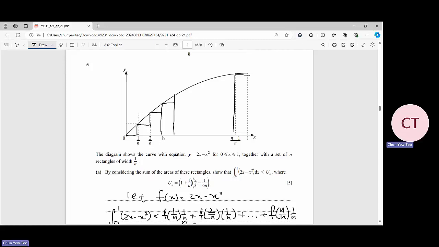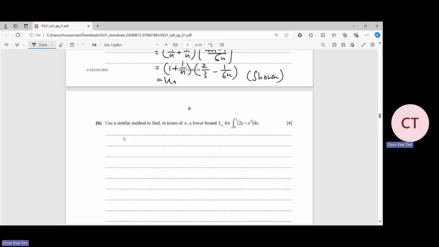So this is 3 over n, this one is 4 over n, and so on. So now you just need to show that the integral from 0 to 1 of 2x minus x squared dx is greater than f(0) multiplied by 1 over n plus f(1 over n) multiplied by 1 over n plus until f(n minus 1 over n) multiplied by 1 over n.